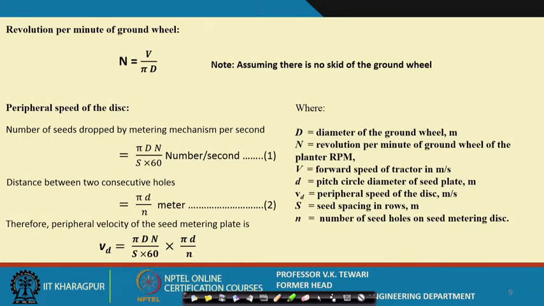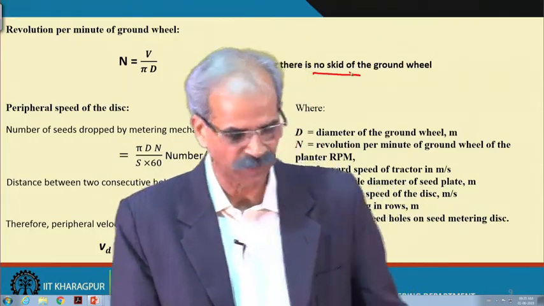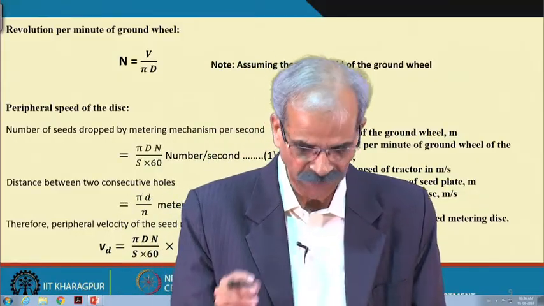So, it is important that we assume that there is no skid of the ground wheel. So, we are assuming that the speed at which the tractor is moving, same speed we will take for the metering mechanism we are talking about.